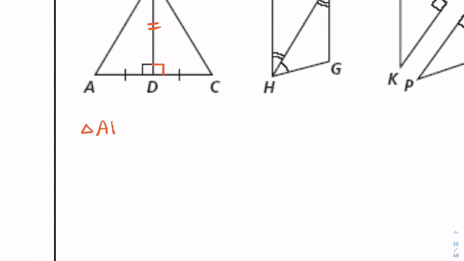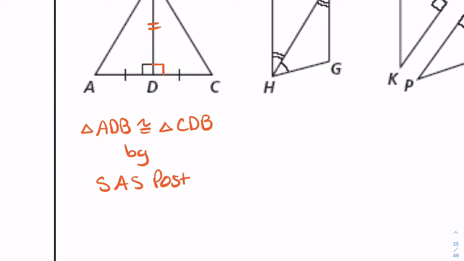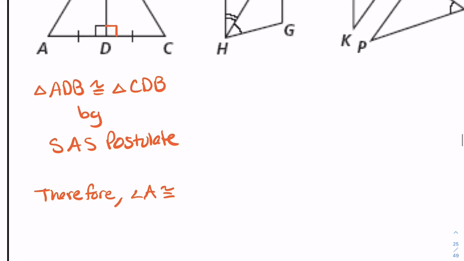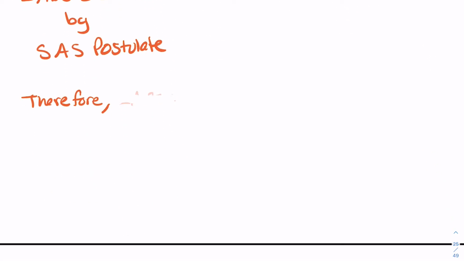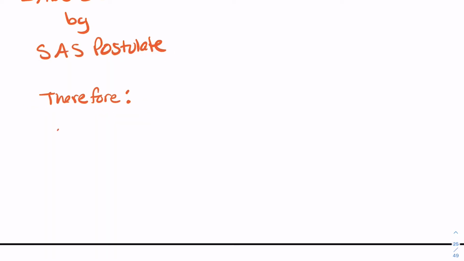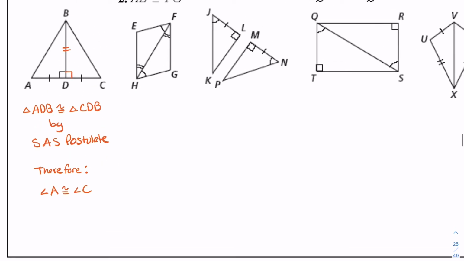triangle ADB is congruent to triangle CDB by the side angle side postulate. Therefore, angle A is congruent to angle C. All right, the next one.